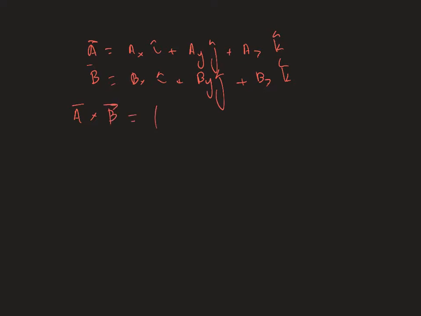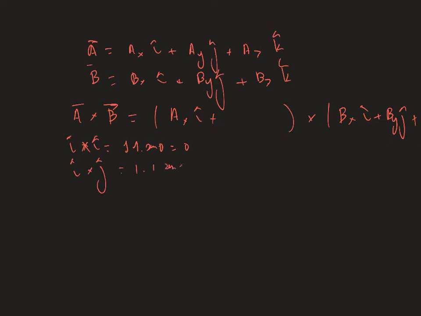Well, you make the multiplication Ax i plus, etc., multiplied by Bx i plus By j, etc. So I cross I is the magnitude of I by the magnitude of I by the sine of the angle. Sine of 0 is 0. And I cross J is the magnitude of the first one by the magnitude of the second one by the sine of 90, which is 1. So I cross J is 1, and 1 what? 1 K. Okay, 1 in the direction of K because this is the rule.